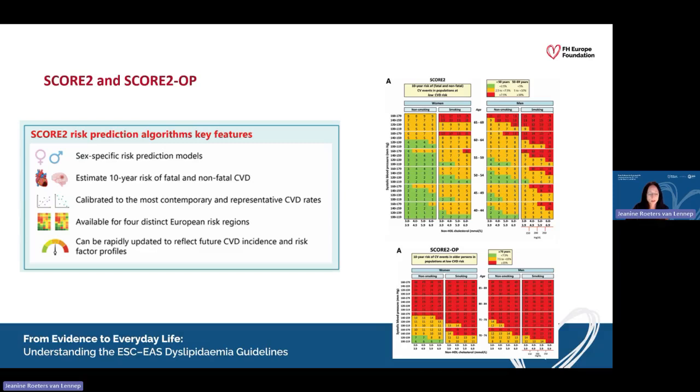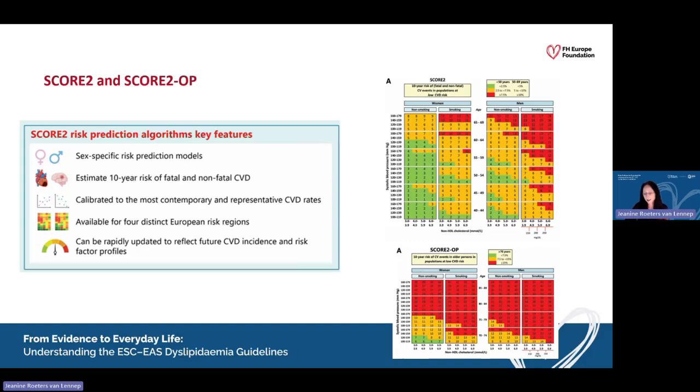And also that is important for people to know. So very briefly about these risk calculators, this is what your healthcare professional will use if you do not have cardiovascular disease before. And what's very important for those who have hereditary dyslipidemia, such as FH or FCS, you cannot use these risk calculators in these kinds of conditions.